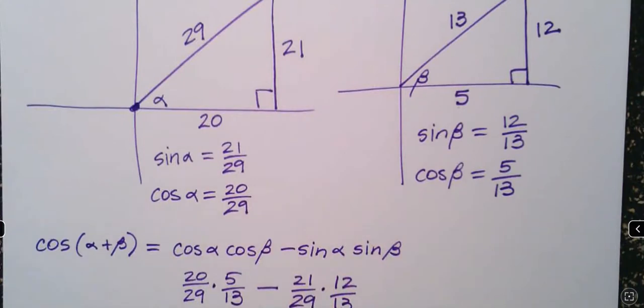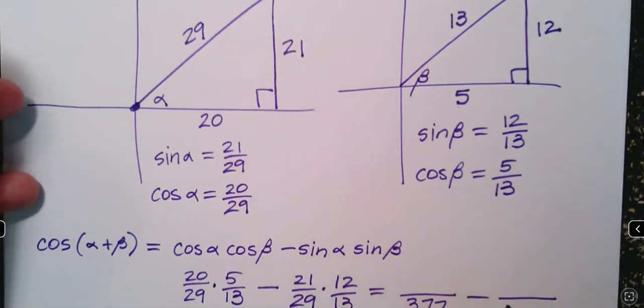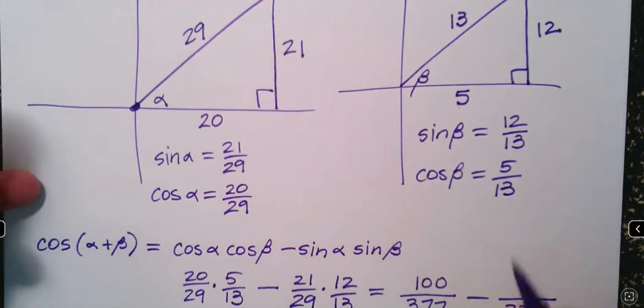All right, so now I get to multiply 29 times 13 for my denominator. This is not one I would expect myself to know off the top of my head. That's 377. 20 times 5 is 100. 21 times 12, 252.